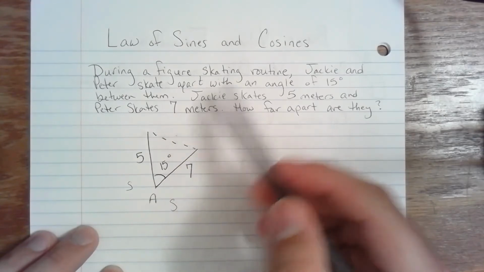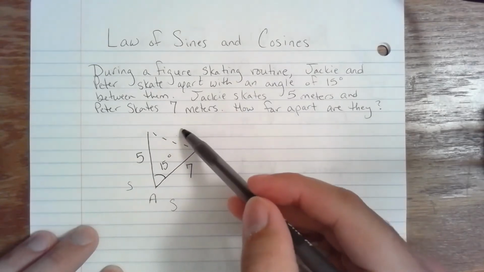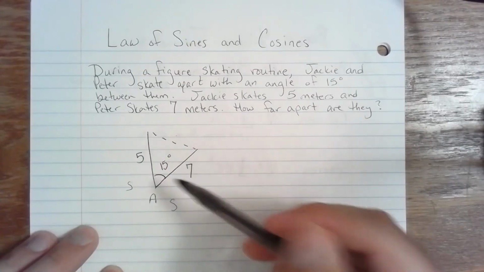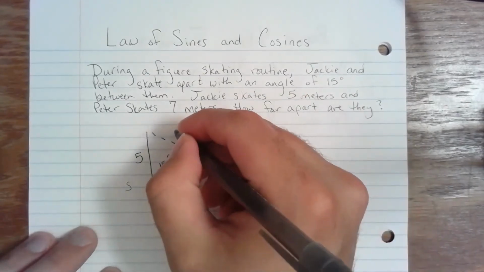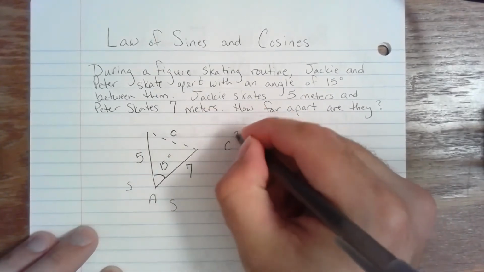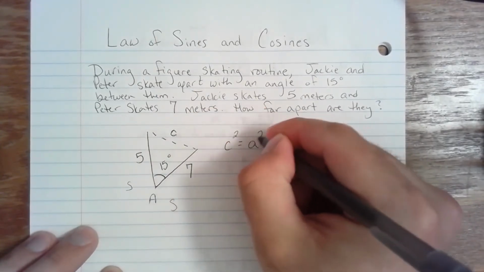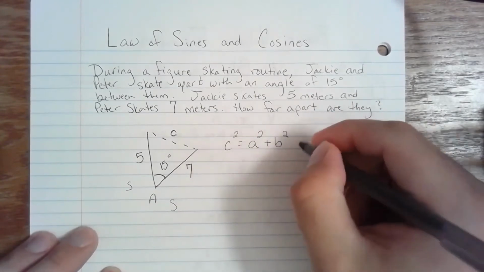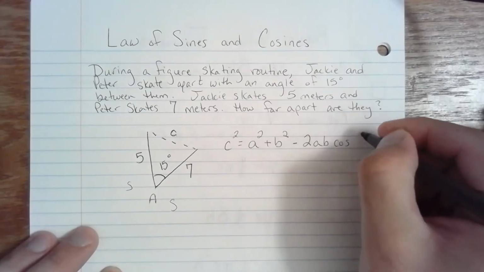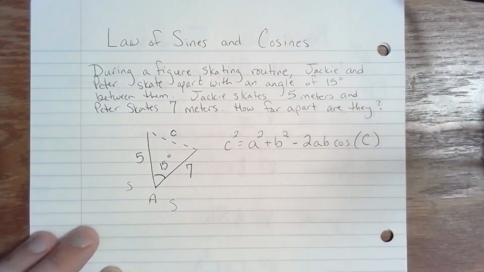You can use law of cosines to find the side that's missing if you have its opposite angle and the other two sides. So if we call this side c, we would go with our formula: c squared equals a squared plus b squared minus 2ab cosine of big C.